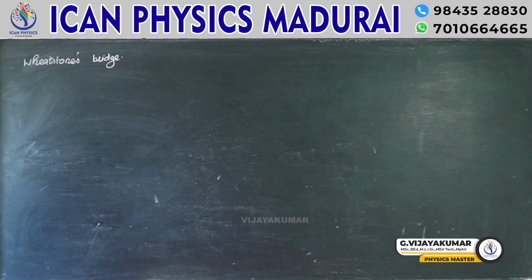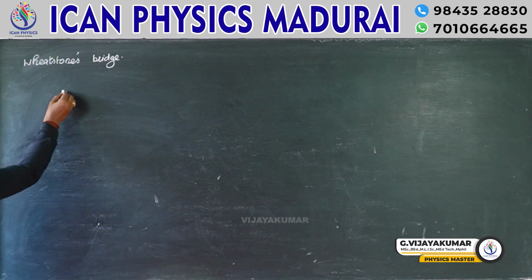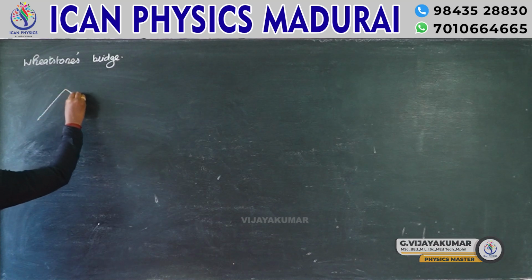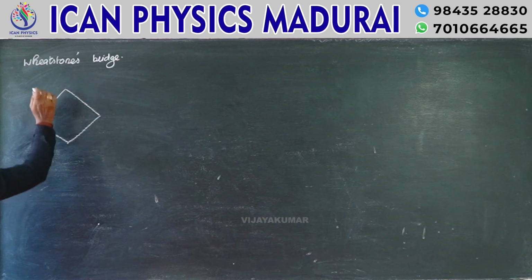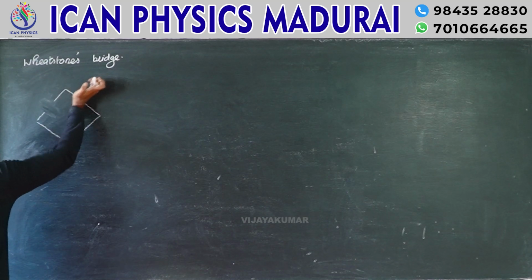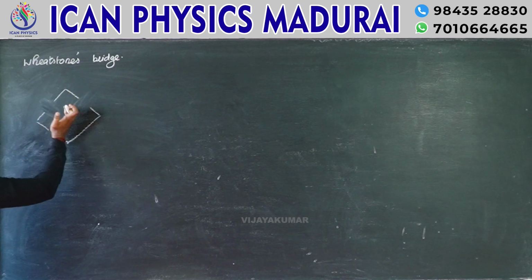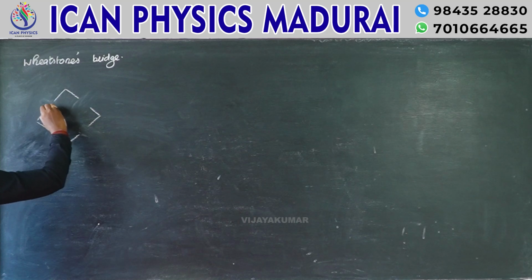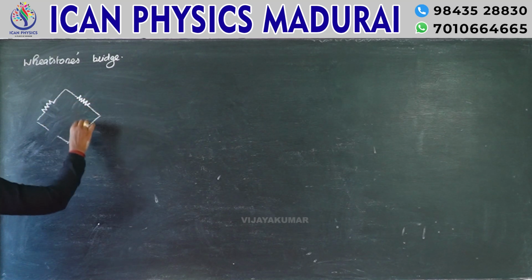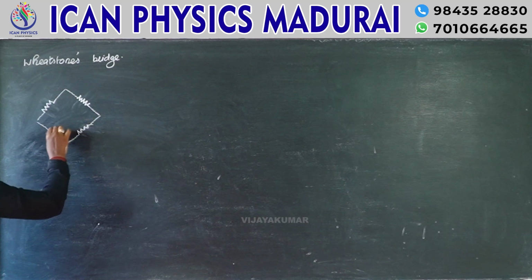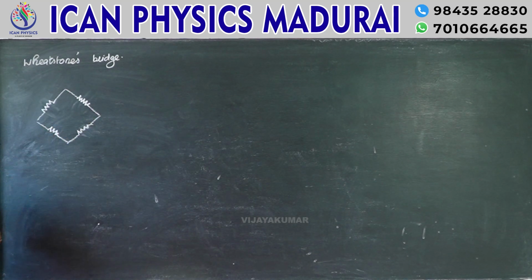A Wheatstone's bridge. Let us consider 4 arms. In those 4 arms, we are connecting 4 resistances, say P, Q, like that.